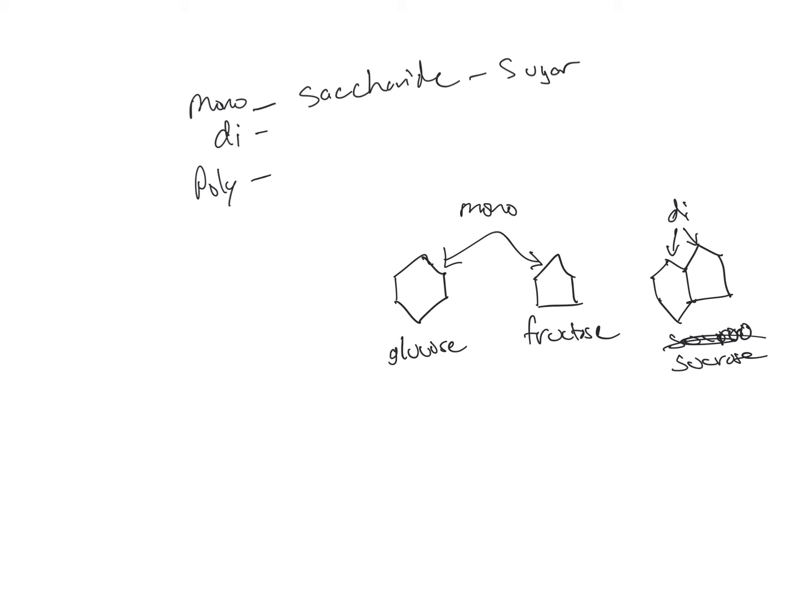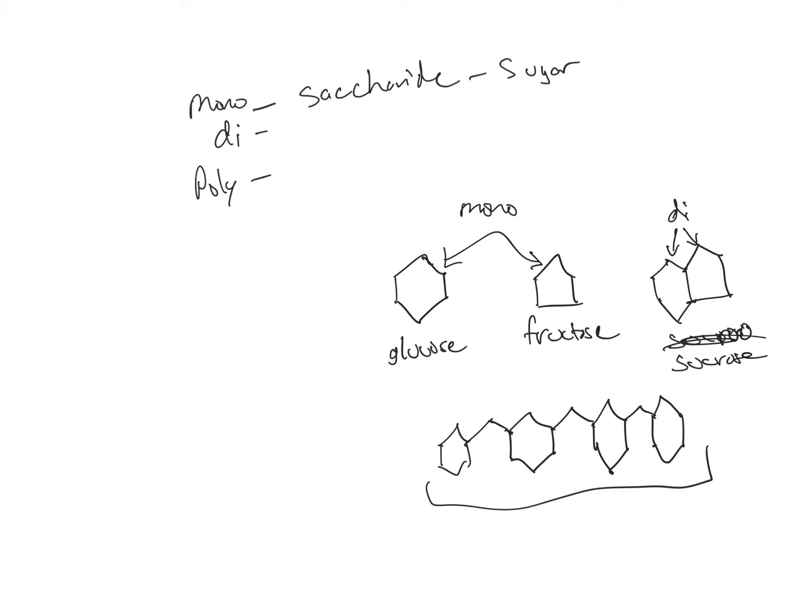And then we could use multiple glucoses. That's the most common one, where this connects to another glucose, connects to another glucose, connects to another glucose. So we have a long chain here. I only put 4 in this chain, but 4 or more, really it's 3 or more.